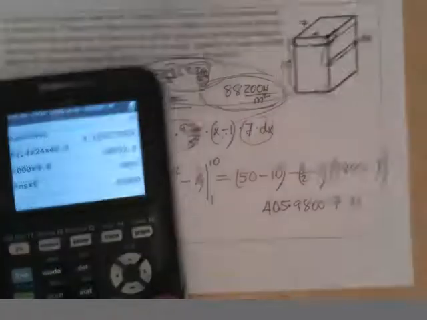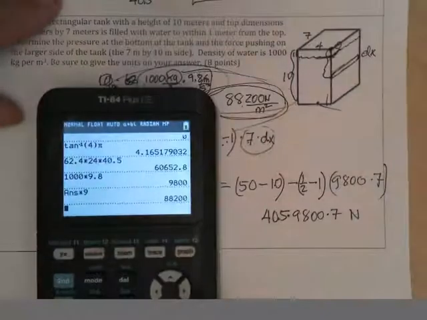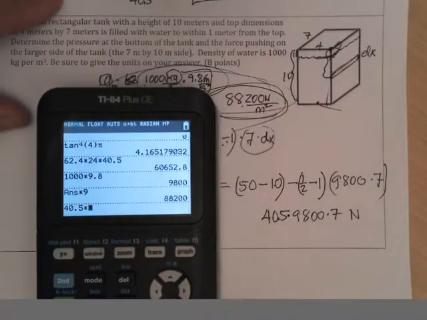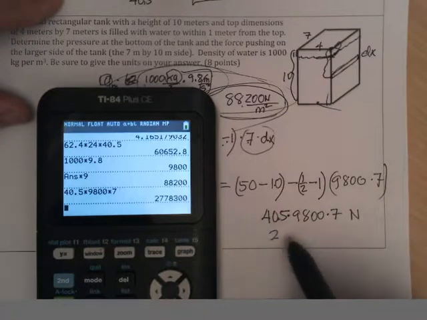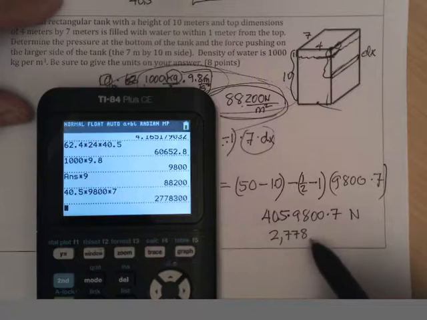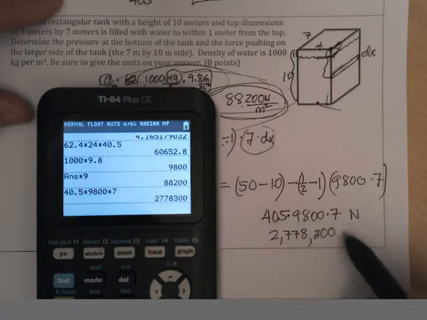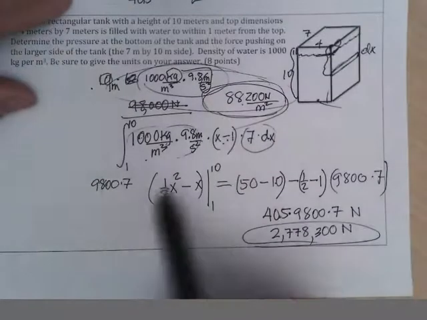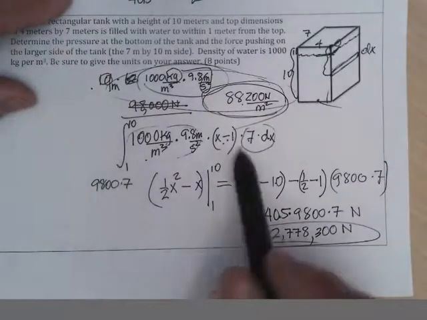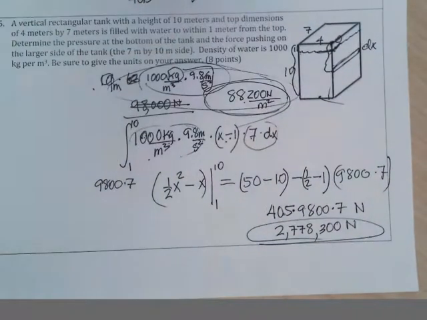So it'd be 40.5 times 9800, the weight density, times 7. So the force would be 2,778,300 newtons, which is what I should have got if I would have just typed this into my calculator and did the area under it.